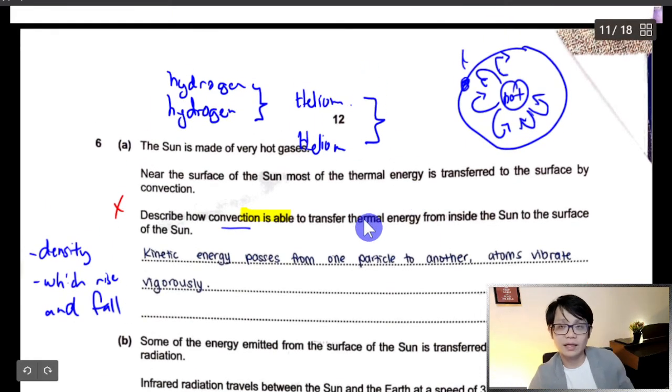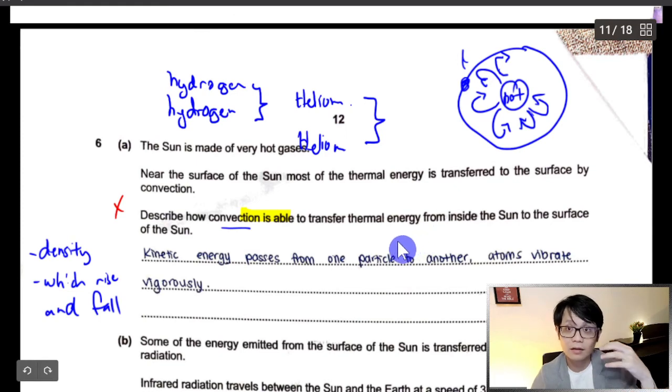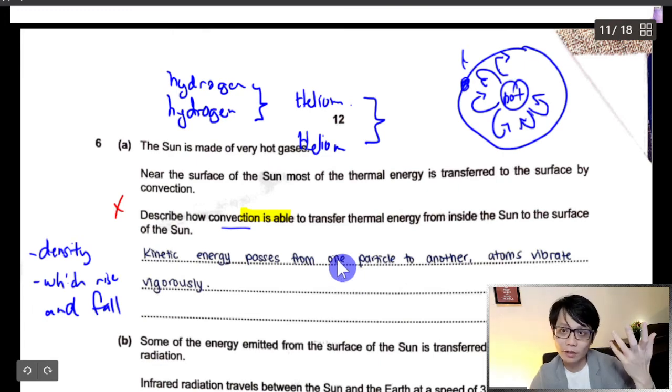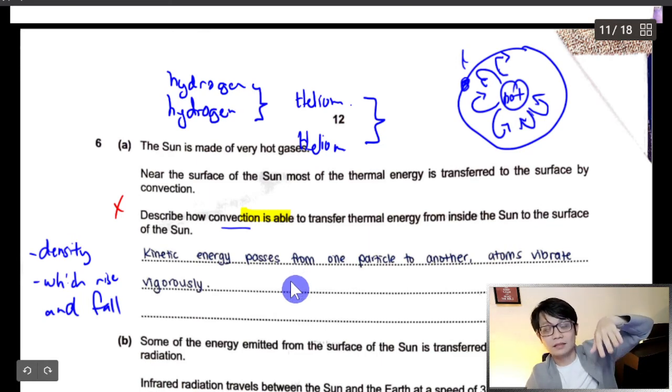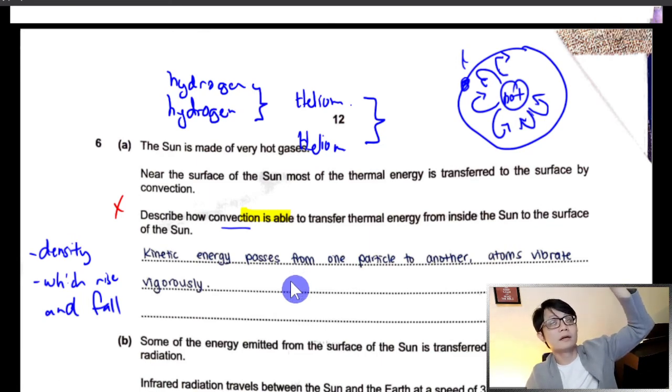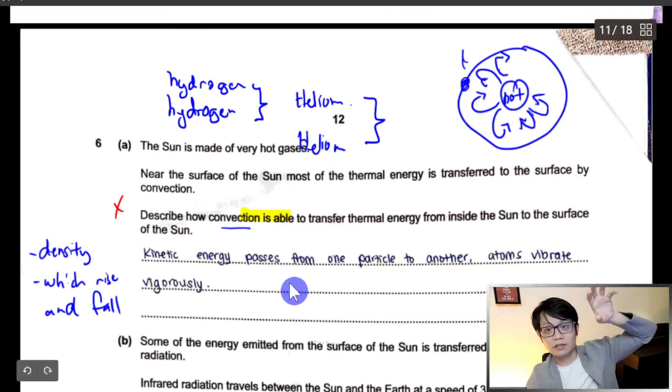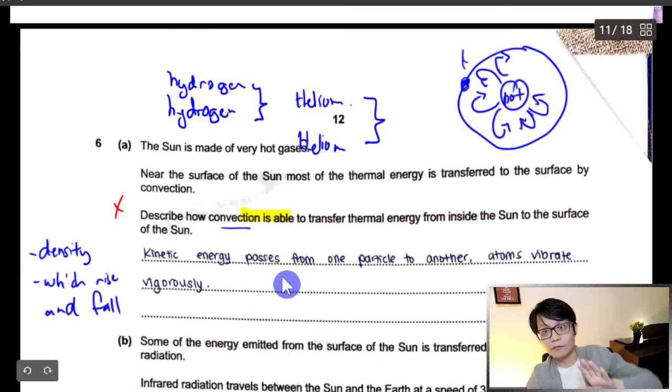Whatever it could be, the question could be asked about a teapot, about wind, or your house ventilation, or aircon. Why do you want to put the aircon on top? Because of convection. When you put the aircon on top, it's not because your floor has no space. If you put it on top, then the cold air will go down, and if you go up higher, it will be hot air.